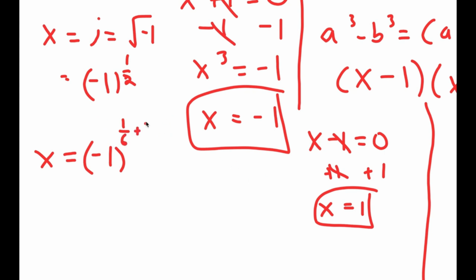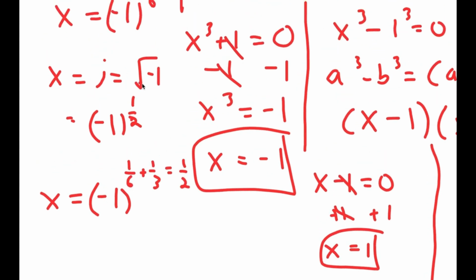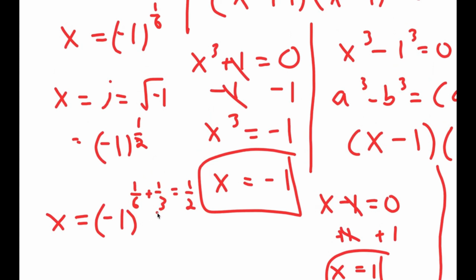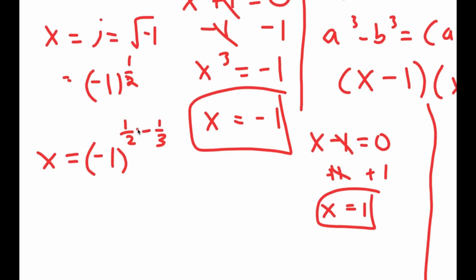So 1 over 6 plus 1 over 3 is equal to 1/2. We know this, meaning we can rewrite 1 over 6 as 1 over 2 minus 1 over 3. Now, this is the same thing as 1/2 plus negative 1 over 3.